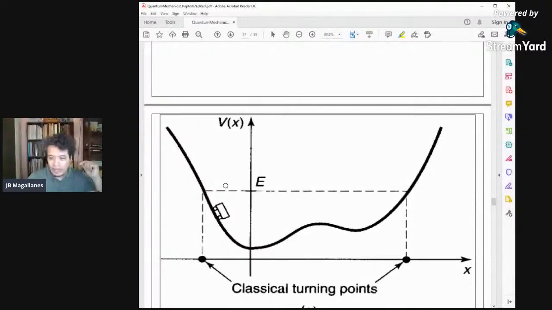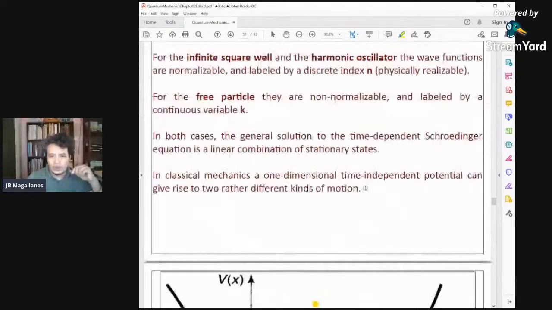Yes, there's a question here. Is the group velocity traveling to the right because of the negative sign in this particular equation?